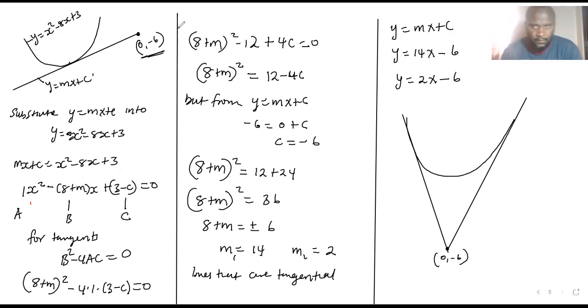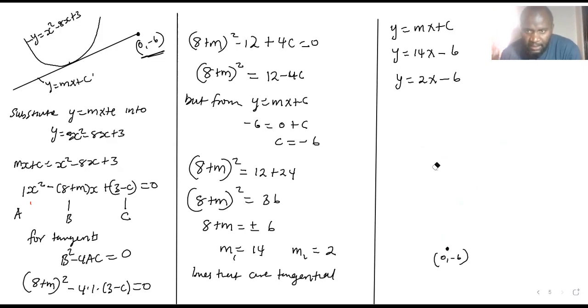How did you get 14 and 2? Hey, wait a minute. When 8 crosses over, it becomes a negative. So we have -14 and -2.